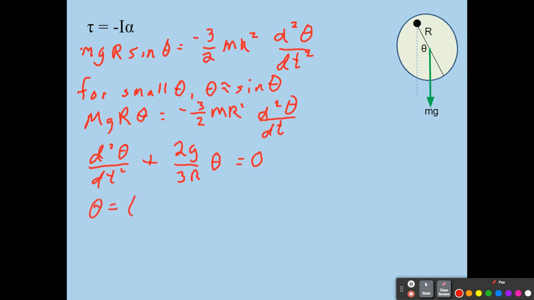It's still going to be theta max cosine omega t plus phi, where omega is equal to the square root of 2g over 3r.